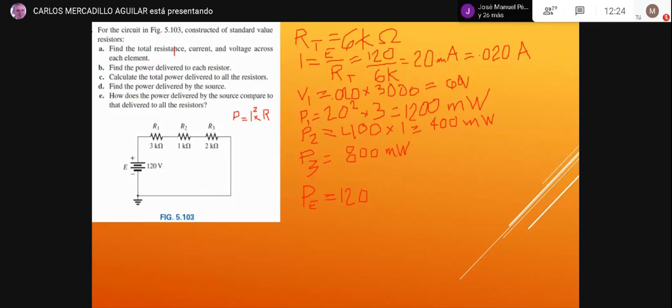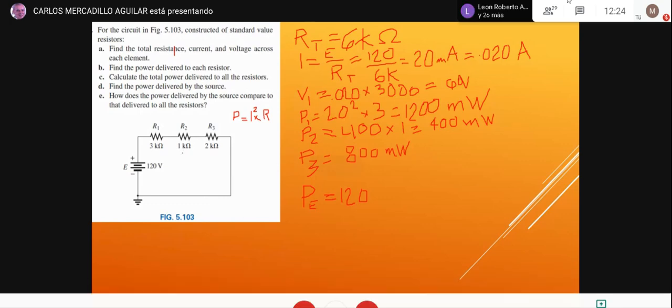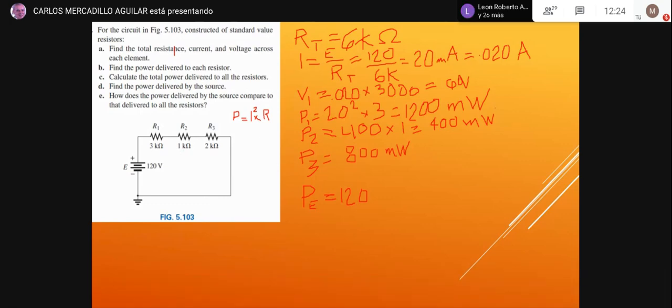And for the third, I didn't make the calculation. Why? Because I know that for 1 kilo ohm is 400 milliwatts. For 2 kilo ohms, of course, we are going to have the double. So it is 800. And if I did this first, I could save also this calculation, just put 400 times 3, and we'll have the same result. Okay?